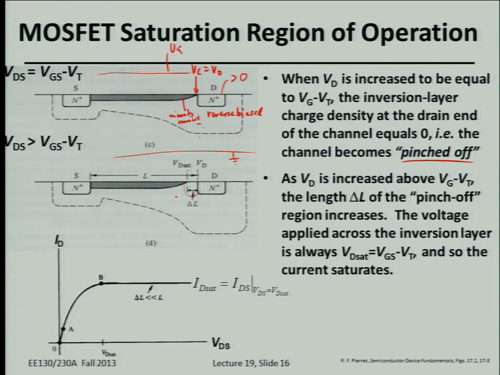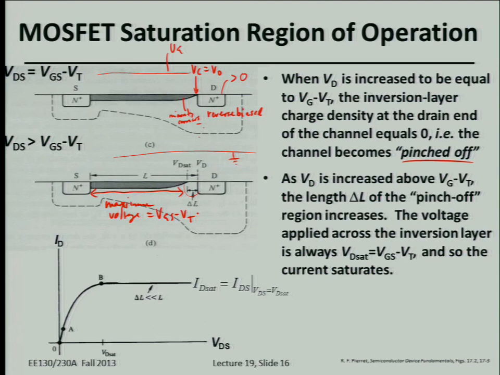Okay, so just because a channel gets pinched off does not mean that you cannot flow current anymore. It just means that you're not going to be able to apply more voltage across the inversion layer. In other words, the maximum voltage that you can apply across the inversion layer is equal to VGS minus VT. You will not be able to apply more than that voltage across it, and the length of that inversion layer is roughly always going to be close to the channel length.